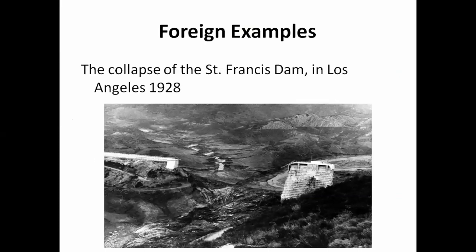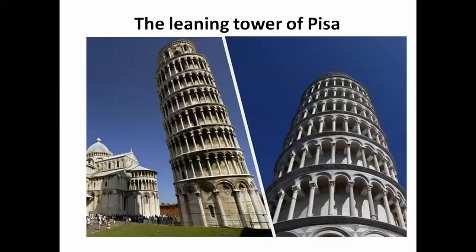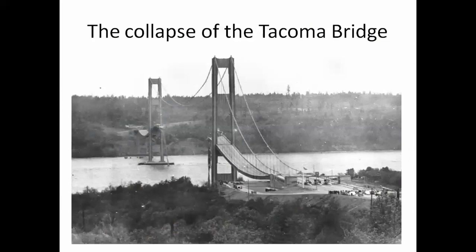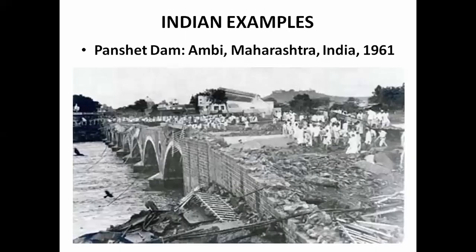So this is the first example, the St. Francis Dam in Los Angeles, which was built in 1920. Thousands of people died in this accident. Next best example, the Pisa Tower. Initially the Pisa Tower was built, and after some years it inclined towards one side at some angle. Another best example from abroad is the Tacoma Bridge, which collapsed.